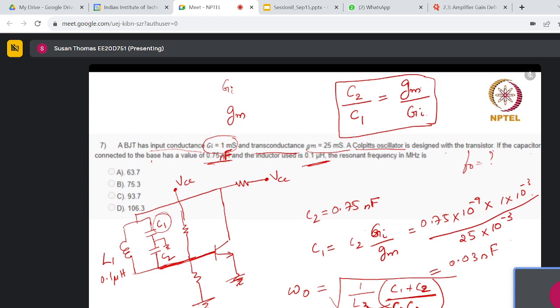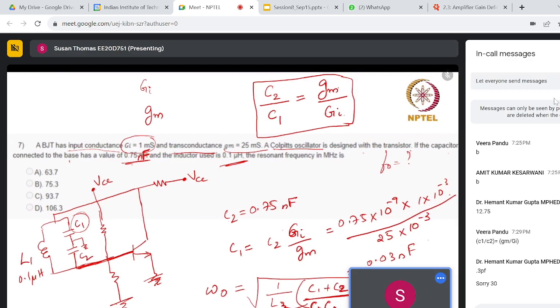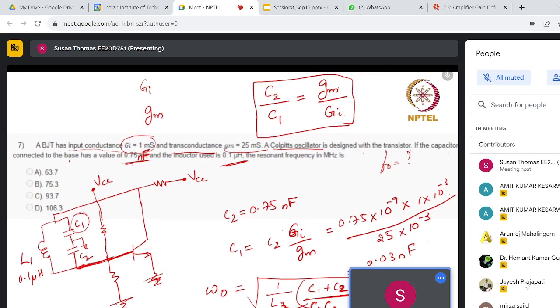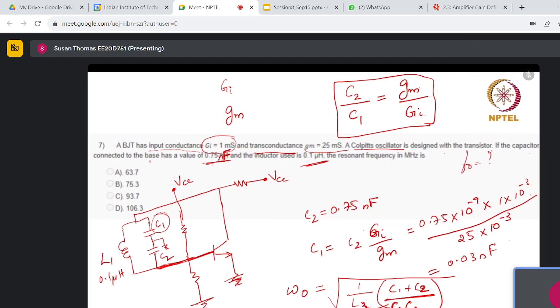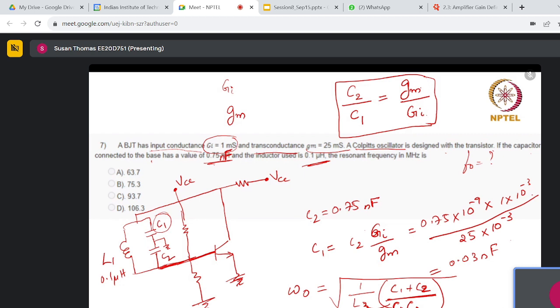Any answers for omega naught or F naught? C1 and C2 are known.